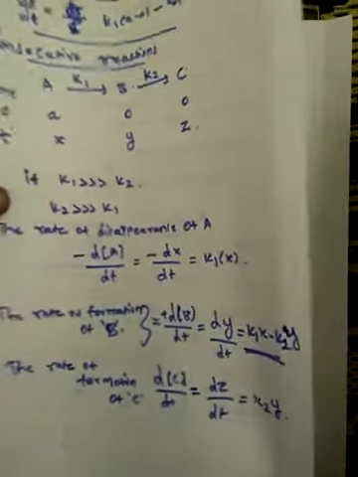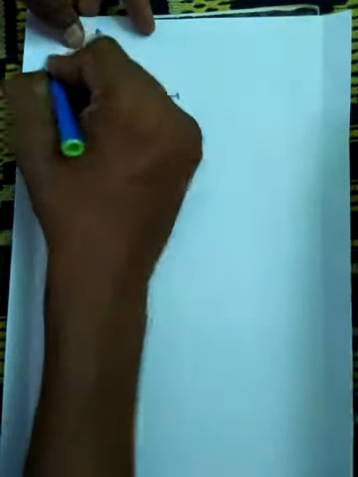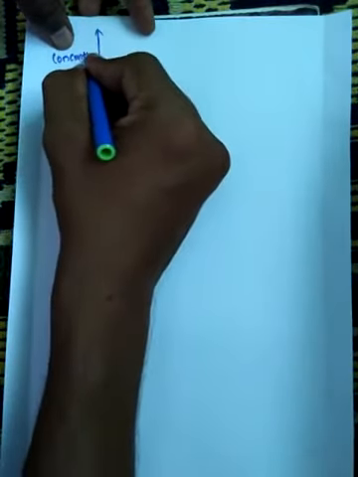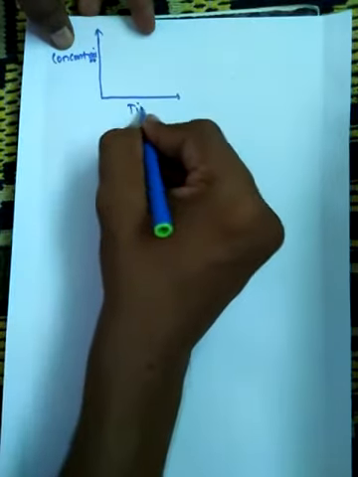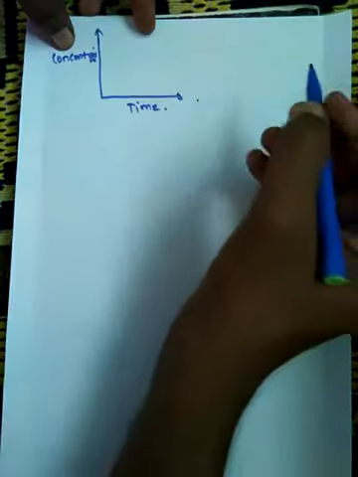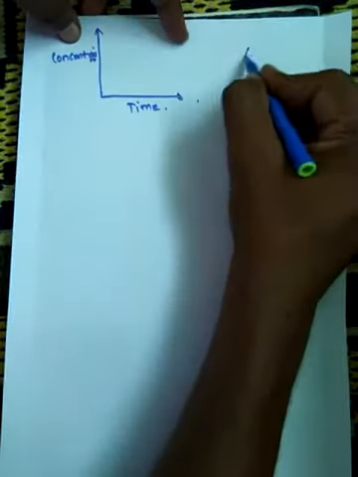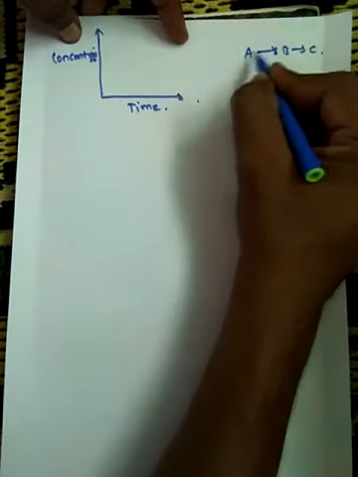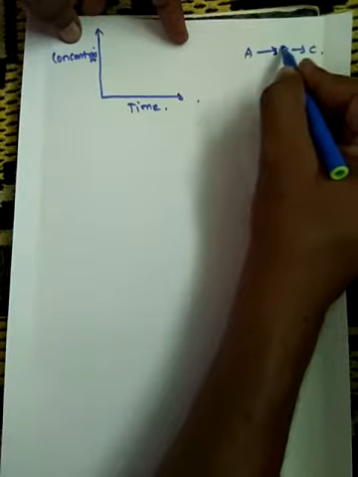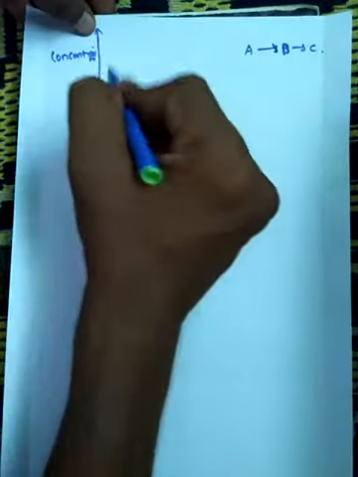And if you plot time versus concentration, then you will see this curve, where A is converted into B, and B is converted into C. When A is converted into B in the first step, and B is converted into C in the second step, the concentration of A decreases from time 0.